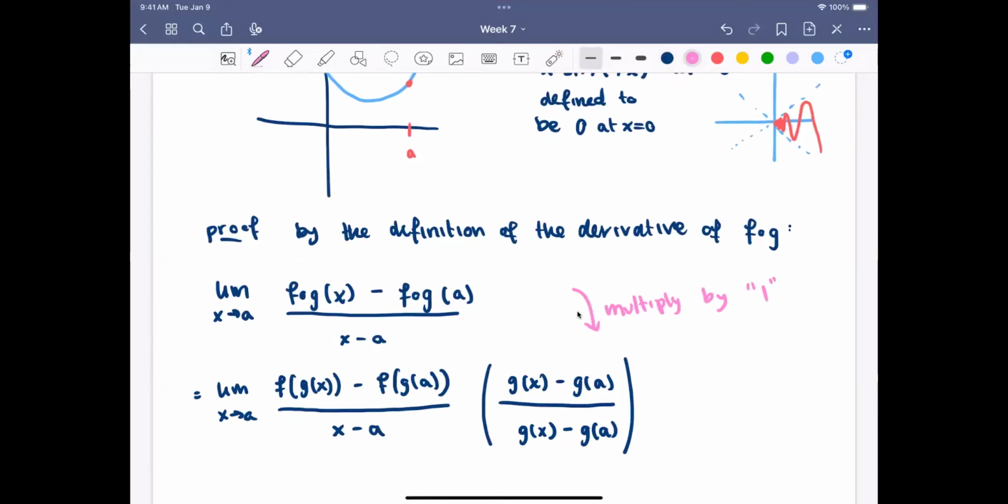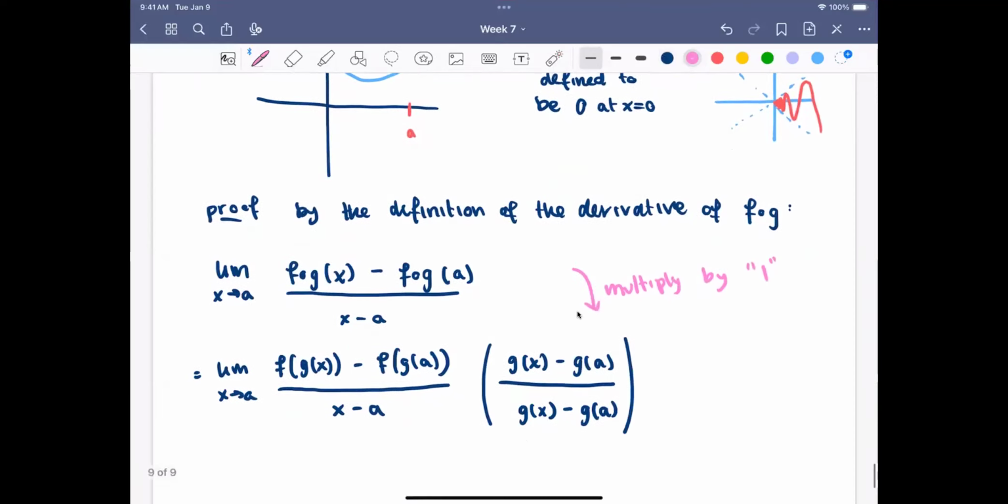I'm just going to switch the two denominators.